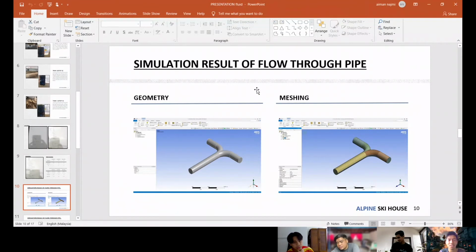For the simulation result of the flow through pipe, we actually have to do 2 simulations. First simulation of flow through pipe and second simulation of 90-degree pipe. Okay, for the simulation result of flow through pipe, this is the geometry. This is the meshing. We can see the line on the sketching for meshing.